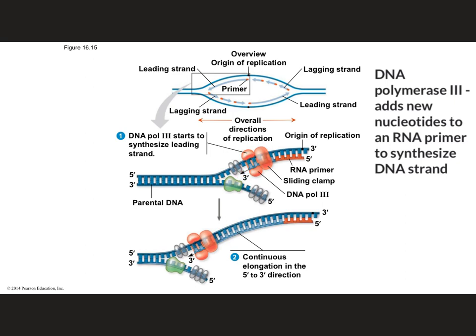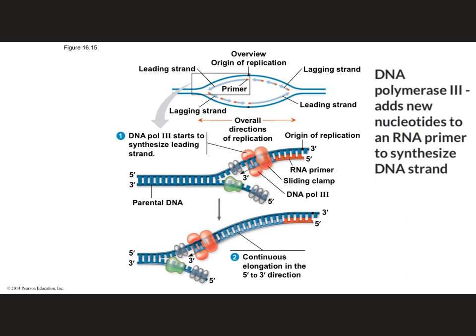Now, one thing to note here is that when it is working from this 3' end of its template, meaning it is laying down nucleotides in the 5' to 3' direction, this is going to continue continuously, as you can see. So as helicase keeps opening this up at the replication fork, DNA polymerase can continue to make this, and it will continue to make this continuously, meaning there's going to be no breaks in there.